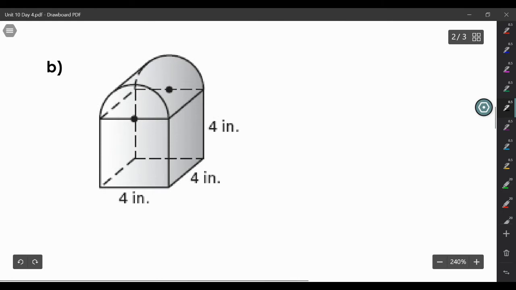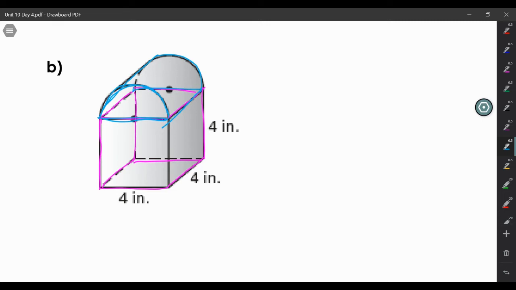We have another cube. And then we have this weird shape on top. Well, this shape up here is half of a cylinder. So think about a pop can cut in half vertically.